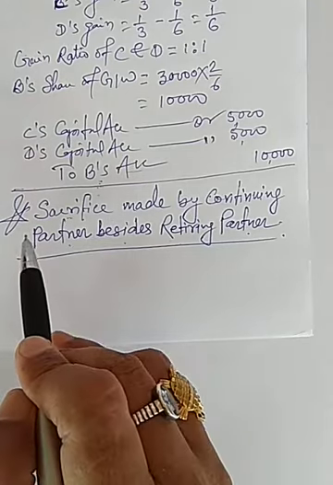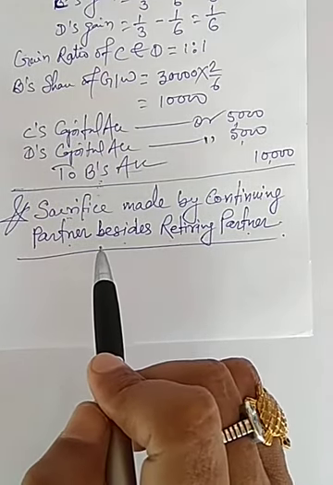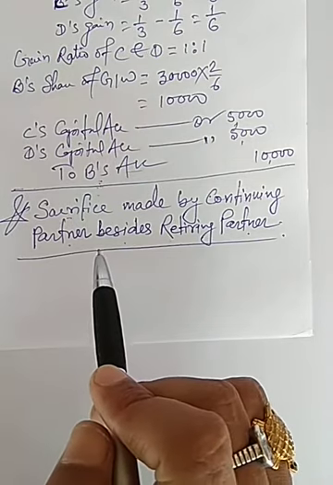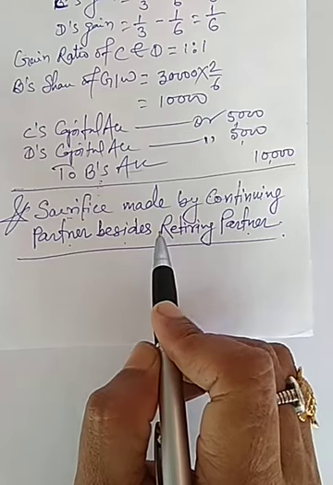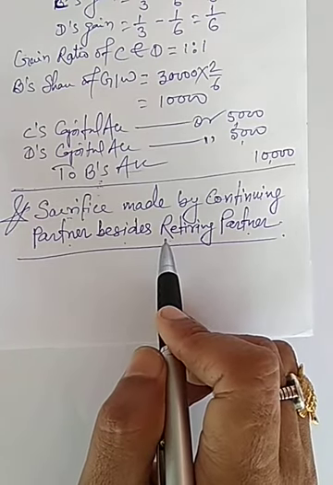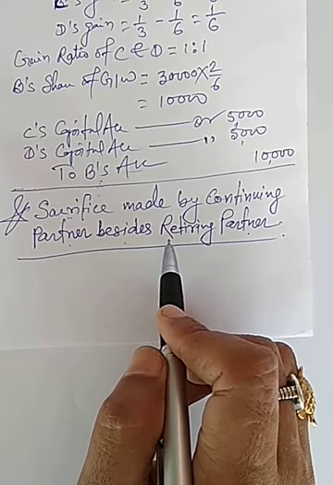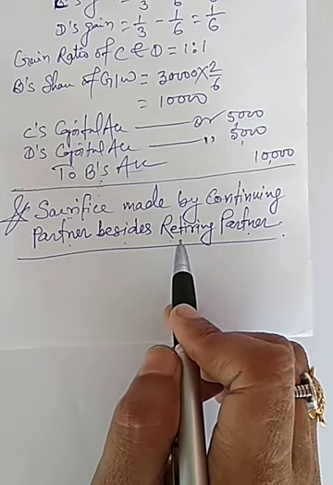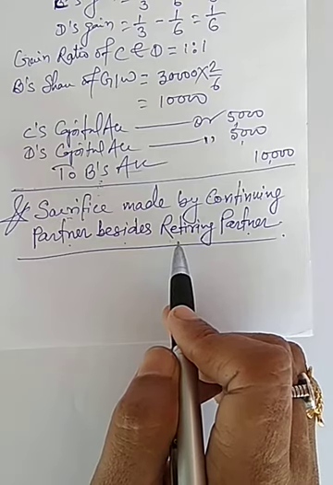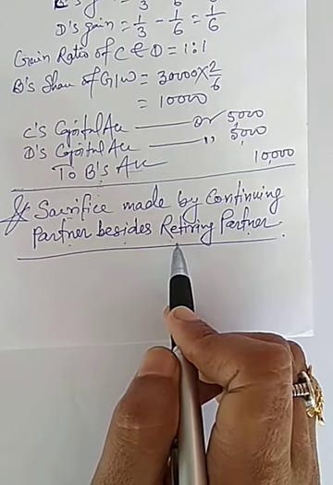So this is the point. It may be possible that at the time of retirement and death of a partner, a continuing partner may also sacrifice in favor of the remaining continuing partners besides the retiring or deceased partner.